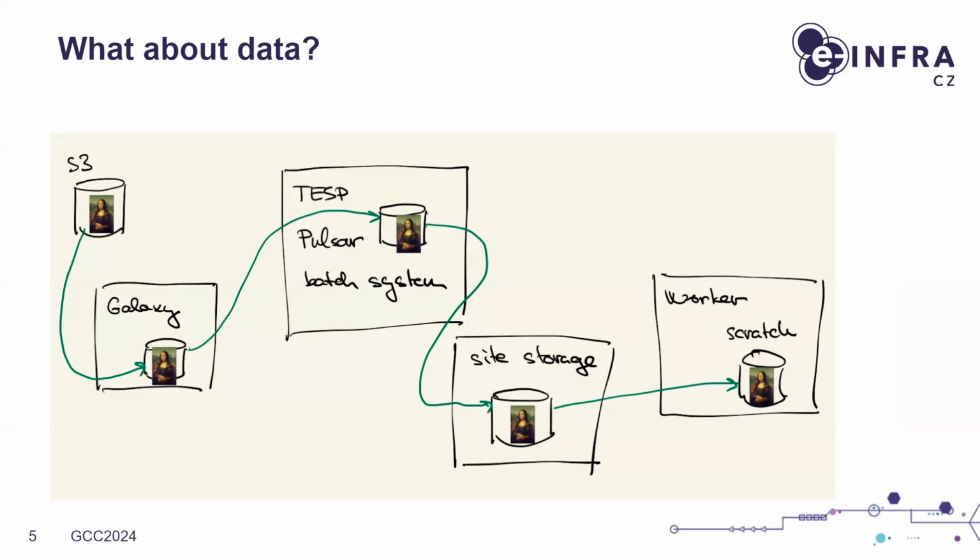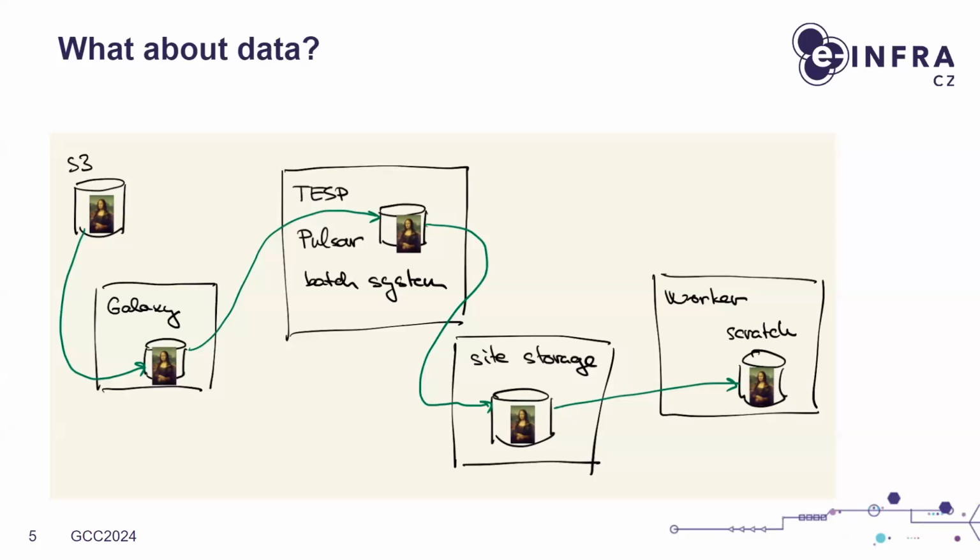Then it's copied again to some site storage that is shared between the Pulsar and the workers. And finally, eventually, it gets copied to the local scratch file system of the worker, and the analysis is done there. So too many file copies there, too much latency, too many possible bottlenecks.